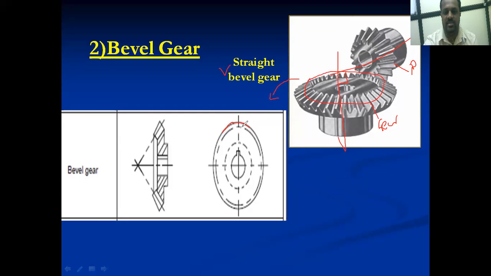And what does this dotted circle indicate?